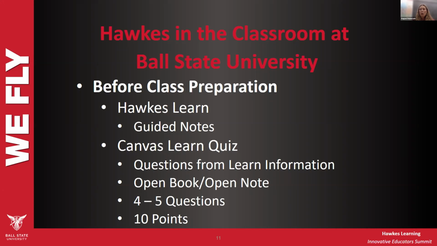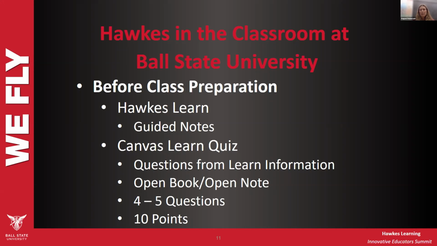The questions on the quiz come directly from the Learn information. So if students have gone through and taken notes, they'll be able to find the answers to these questions directly in their notes or in the Learn material. It is open book, open note, so it's a very low stakes assignment, usually 4 to 5 questions and worth 10 points.